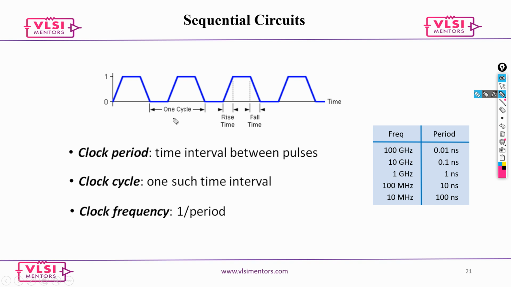Clock period. What is the meaning of clock period? Clock period is basically the time interval between the pulses. From this launch to this, this is what we call one cycle.